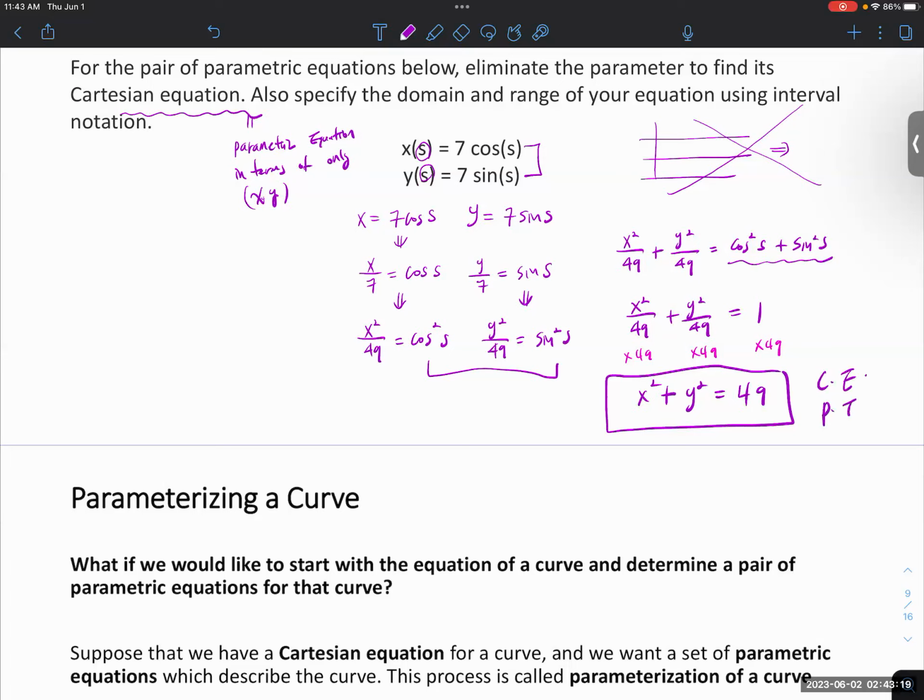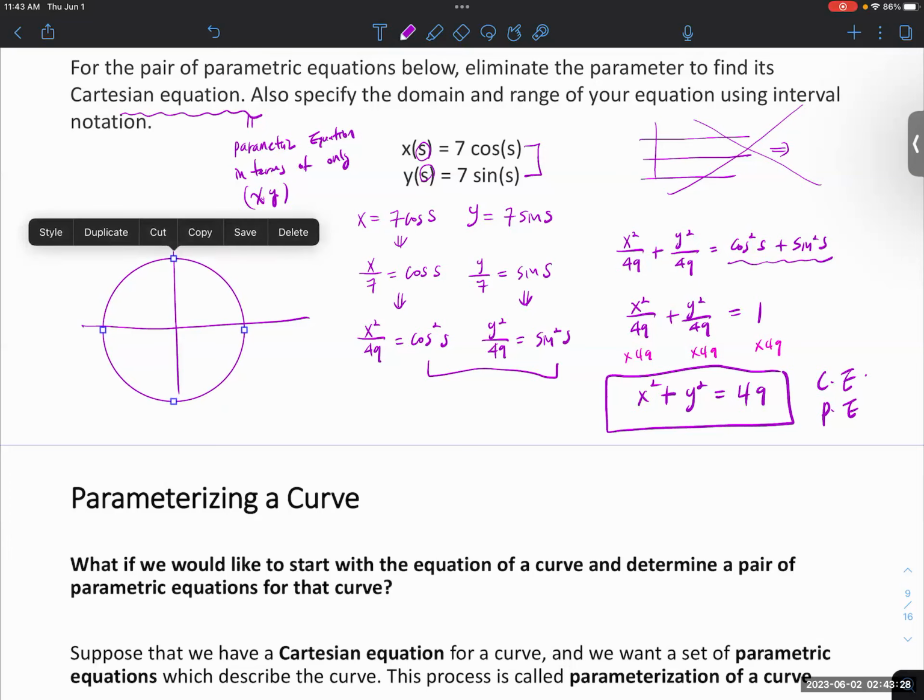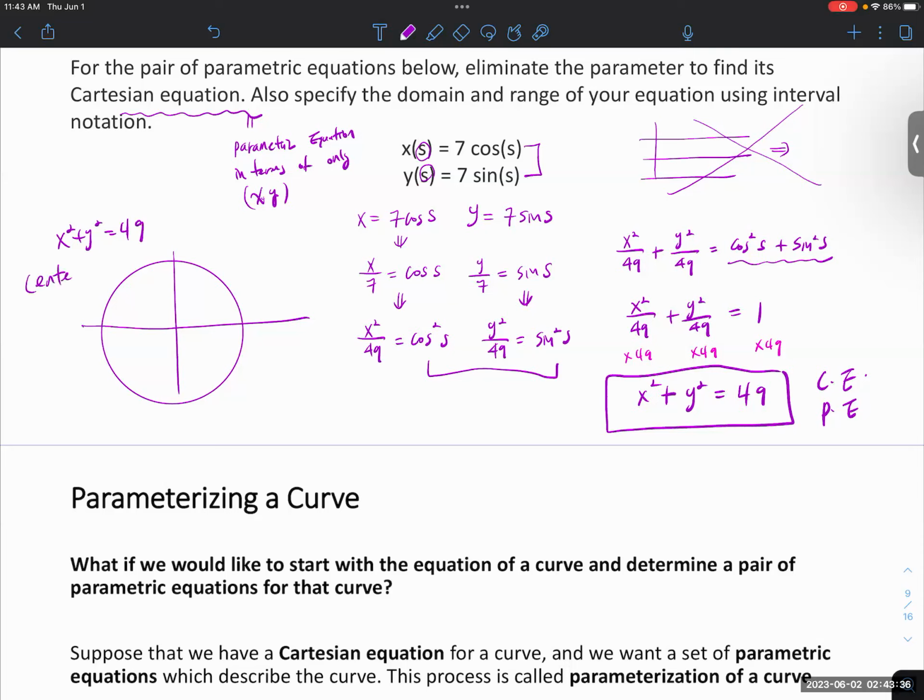This time, we found a circle. The center is at 0, 0, and the radius is 7. That's your circle function. Okay, so we got this concept. How do you feel?